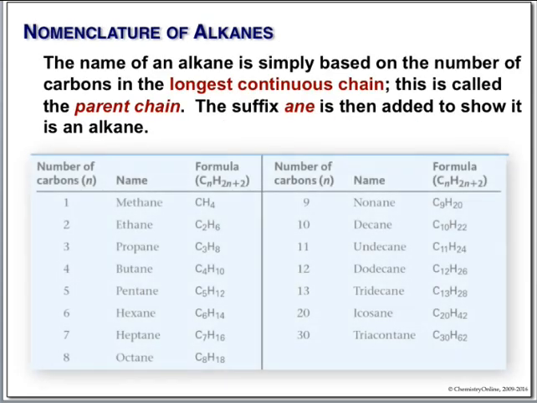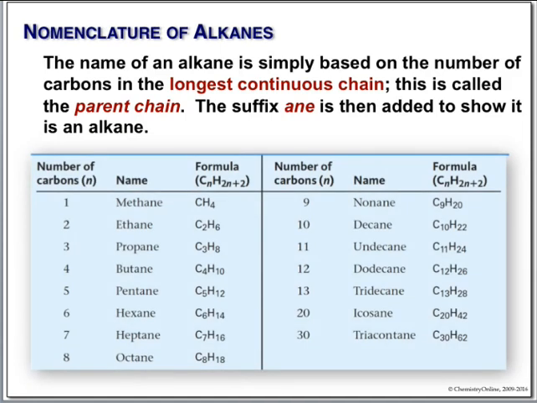Now, when we talk about alkanes, we need some system of nomenclature so we know what we're talking about. Again, there are so many possible organic compounds. We're going to do this by looking at our molecule, finding the longest continuous chain.